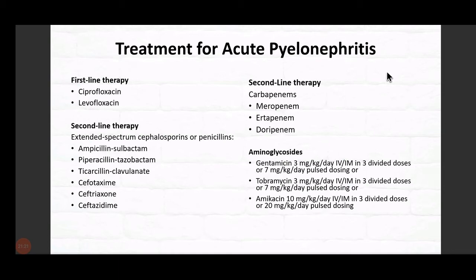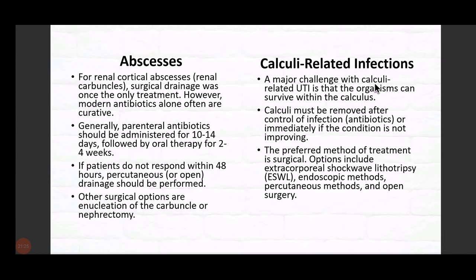So they have to be monitored on a day-to-day basis. If this pyelonephritis evolves into an abscess, then the only option is surgical drainage if the antibiotics have failed. And in case there is an infection like an abscess, usually you have to give antibiotics for around 10 to 14 days. And thereafter, the patient is discharged, and may continue for another 4 days.